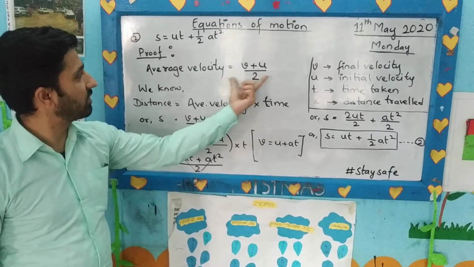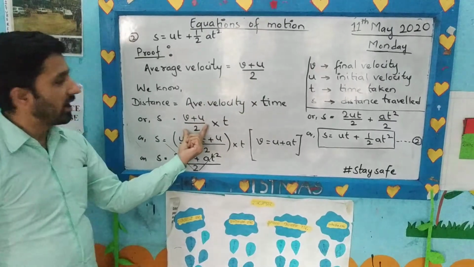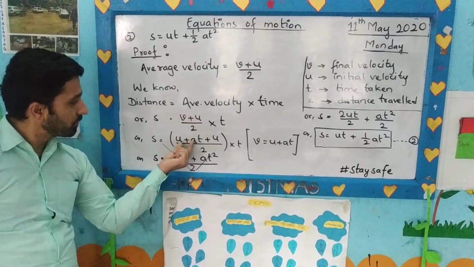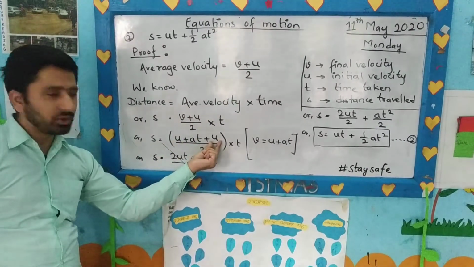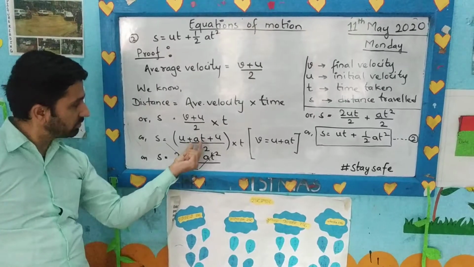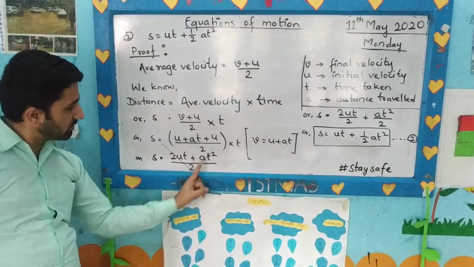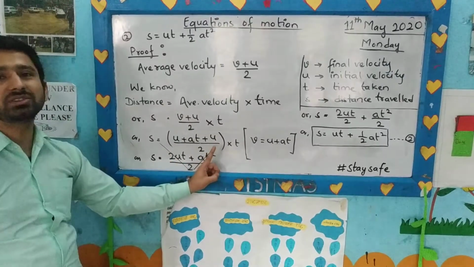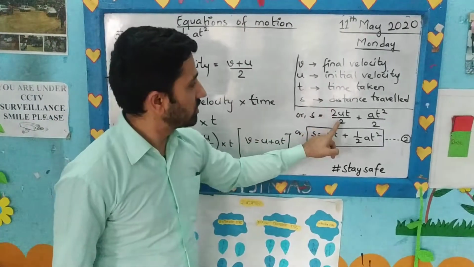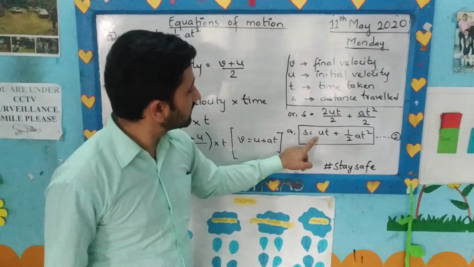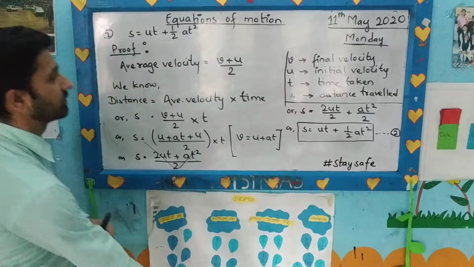Let's substitute the value of average velocity, and from the first equation of motion, let's substitute the value of v. u plus u becomes 2u times t, plus at times t, at square, and let's open it into V-shape. That means opposite of LCM. 2 and 2 cancel each other, and here we get the second equation of motion.